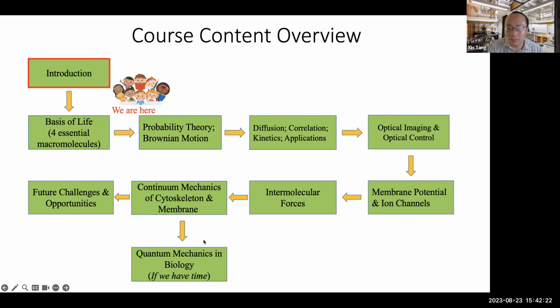If you want to improve their performance, you need to understand quantum physics, and then you can engineer them. So if we have time, I hope to share some perspectives of quantum mechanics in biology with you. In my lab, we have done a lot of research in this, and I hope to share some recent research findings from our lab. Okay.